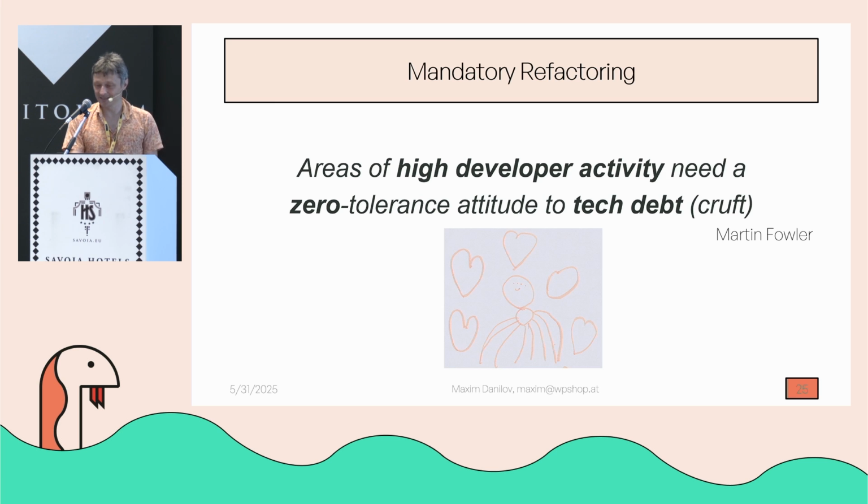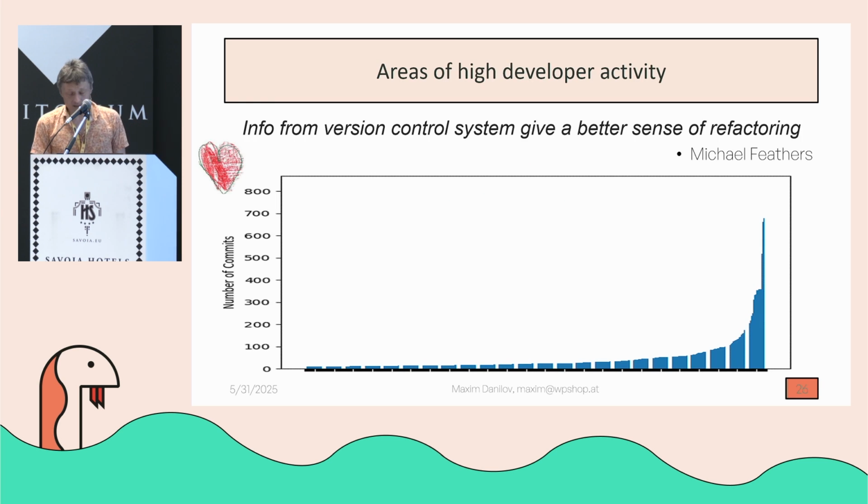Okay, let's see. Michael Feathers offers to find places in our project where we have high developer activity. Info from the version control system gives a better sense of refactoring or developer activity.